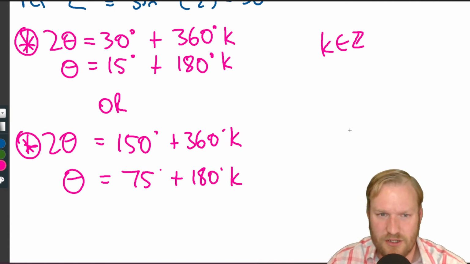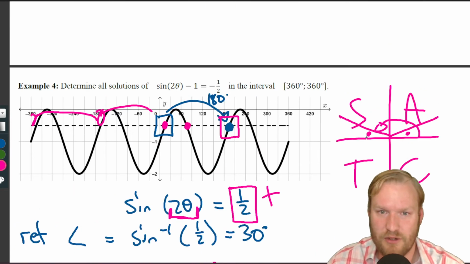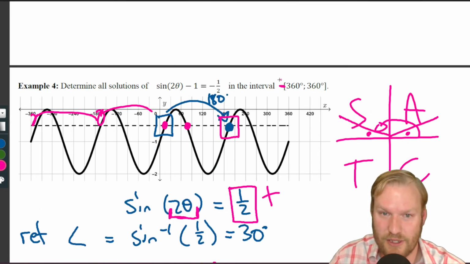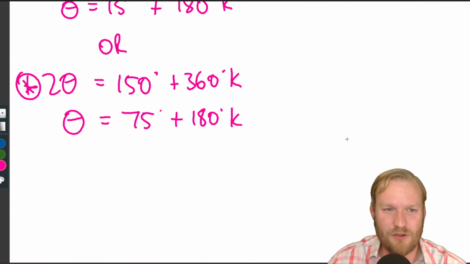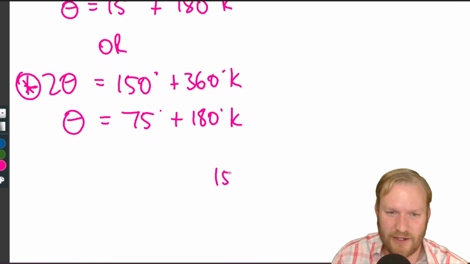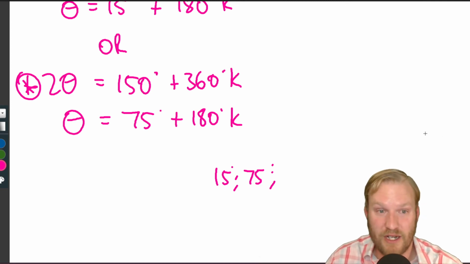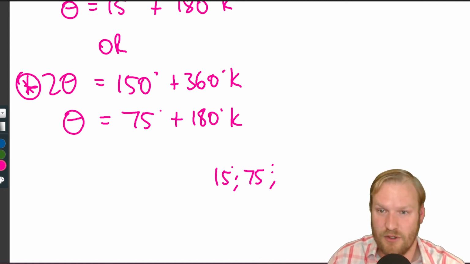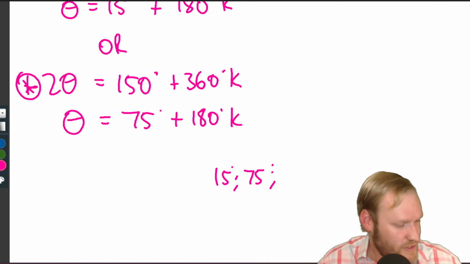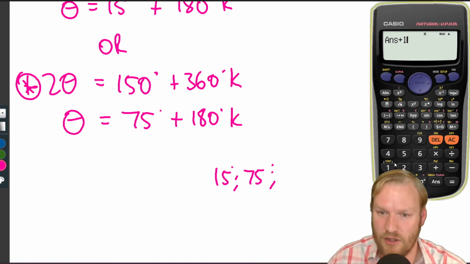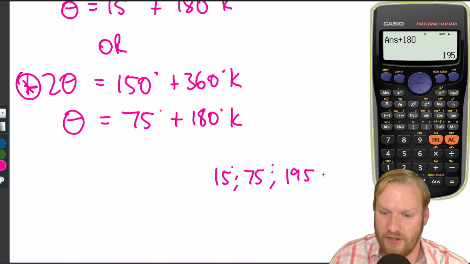Now, when we asked for the solutions between negative 360, excuse me, that should have been negative 360 and 360, otherwise the answer would have been easy, there aren't any solutions. Then we can say that 15 and 75 are two of our answers, but we can keep adding 180 degrees this time. With our 15 degrees, if we add 180, we're going to get 195.